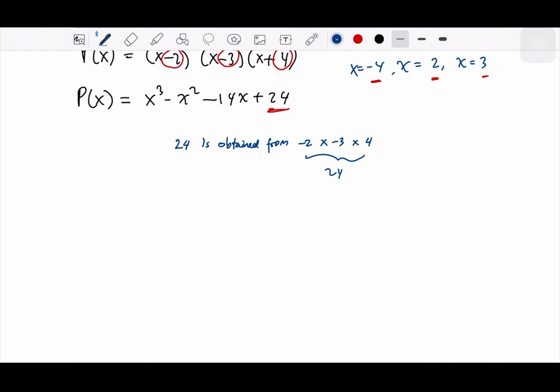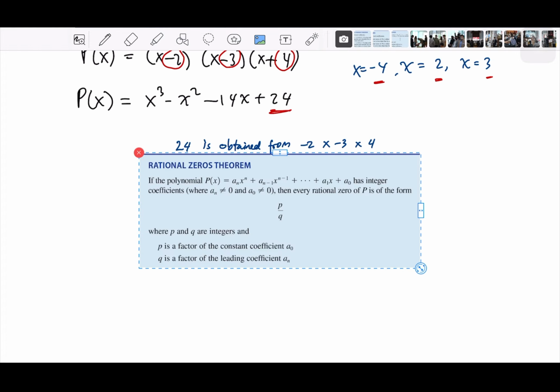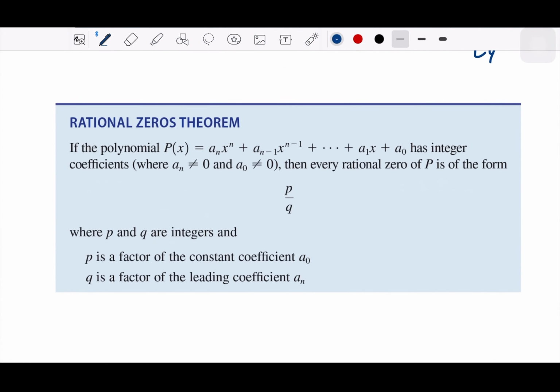Now let me write the theorem, and maybe I'm just giving you the theorem and we can see what it is. So if the polynomial, the general form of a polynomial, has all these coefficients, and we have a rational zero of P as p over q, where p and q are factors, so p is a0, which means the constant, and q is the leading term, if you remember.